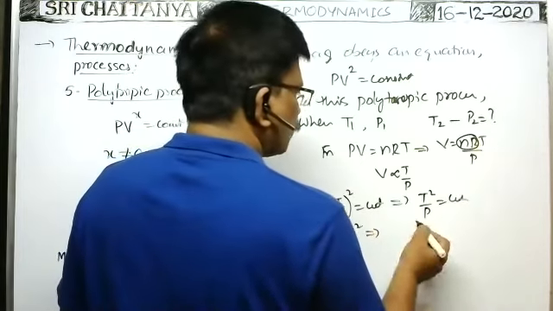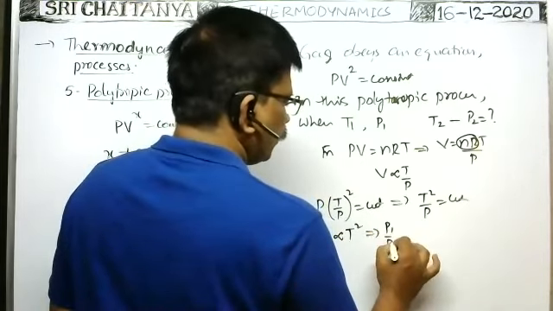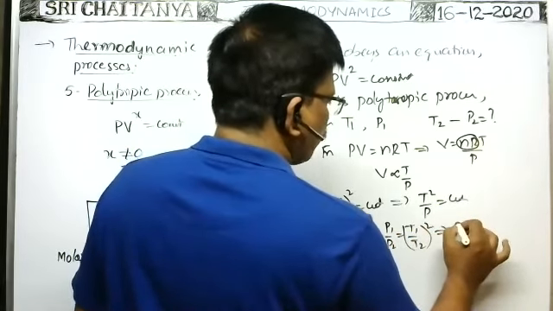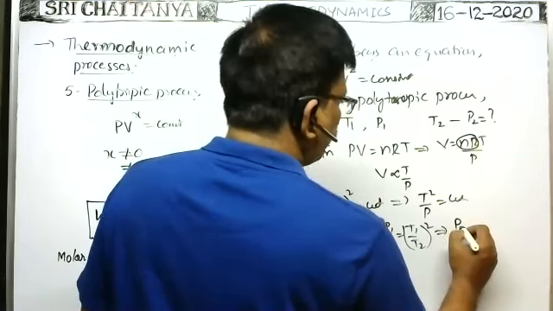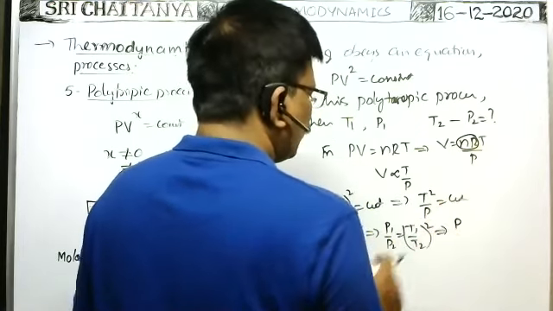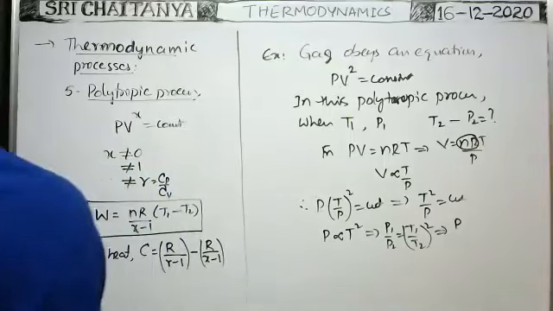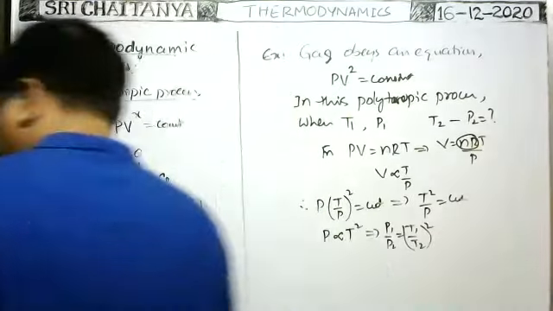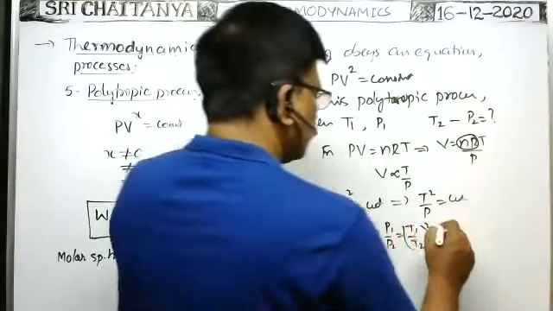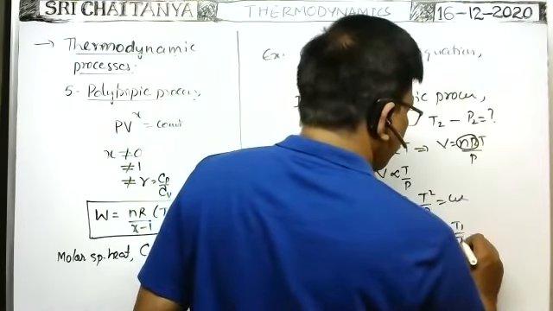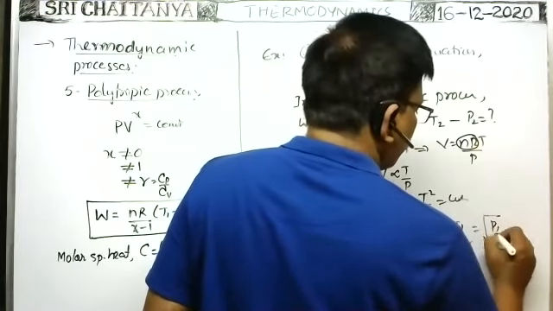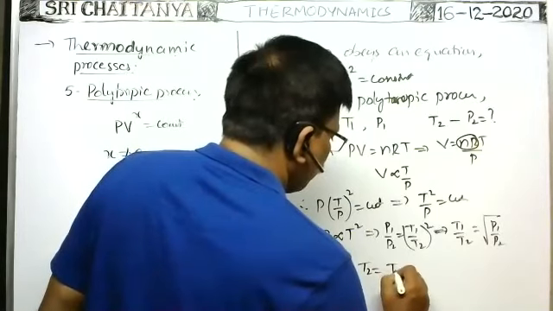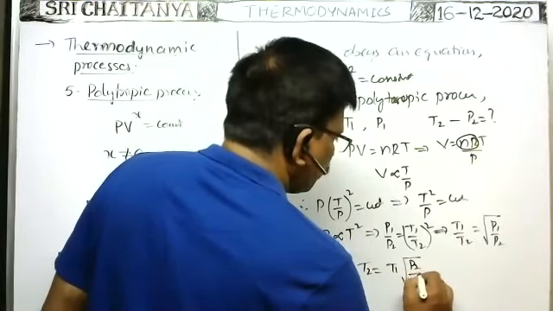As two cases are there, P1 by P2 is equal to T1 by T2 whole square. That implies T1 by T2 is equal to root of P1 by P2, or T2 is equal to T1 into root of P2 by P1.